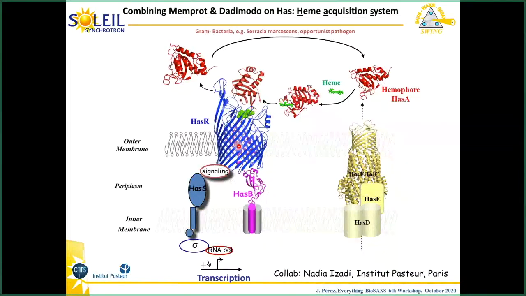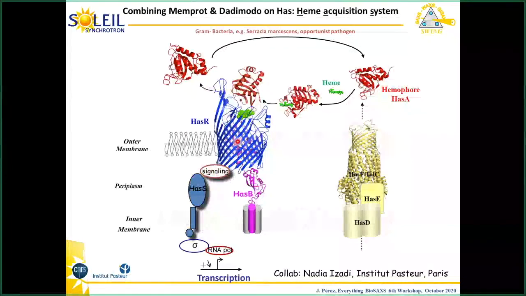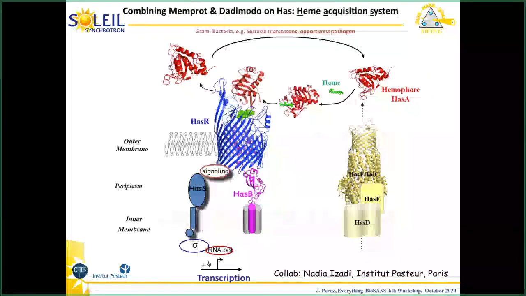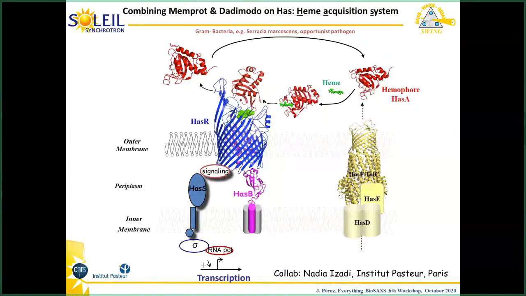So one of the questions was, what is this signaling domain's role? Is there a role of this signaling domain with respect to the capture of the heme? Is there a structural relation? So we started doing SAXS with different constructs.